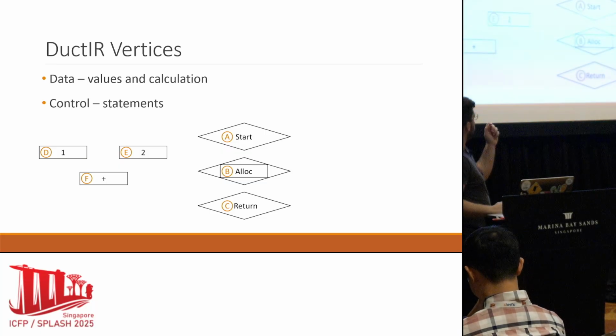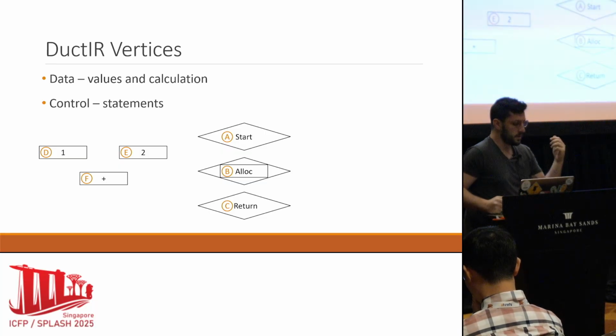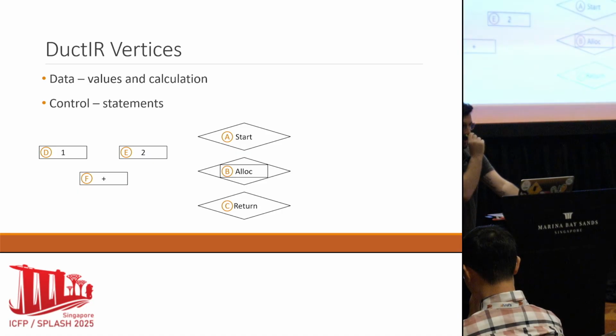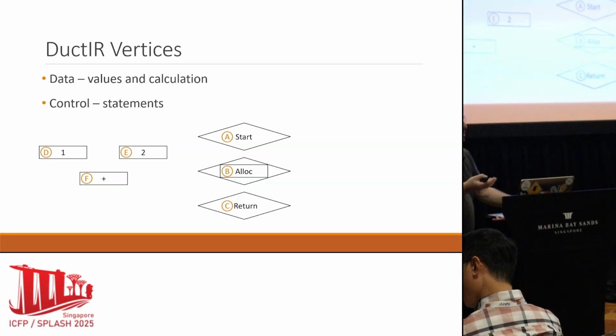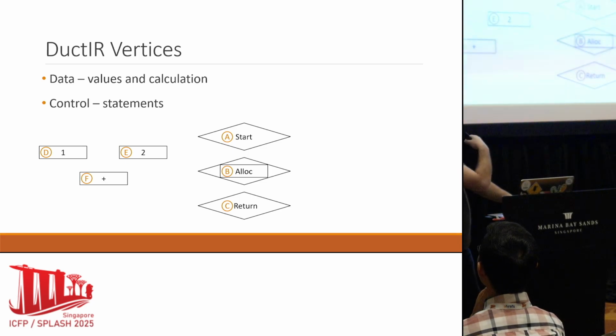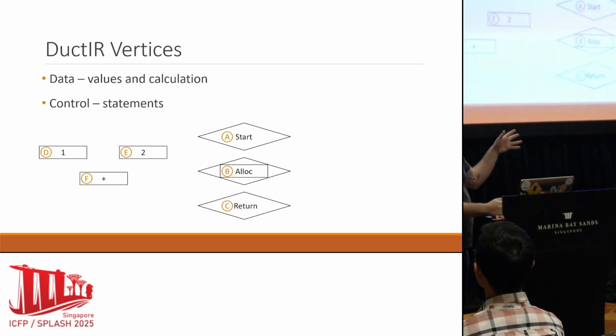We also have nodes in the graph that represent basically the control flow of the program, or stages along the execution of the program, such as a startup function, a return from a function. We also have a compound node, such as, not sure my laser pointer works, never mind.